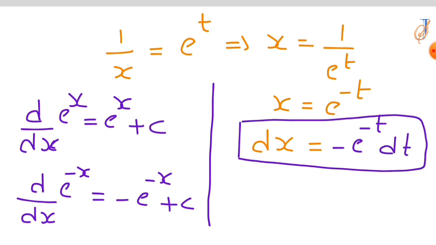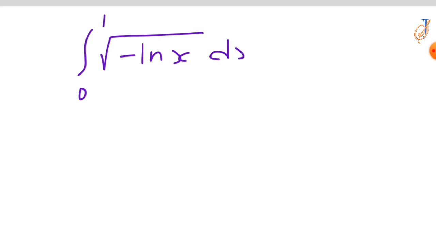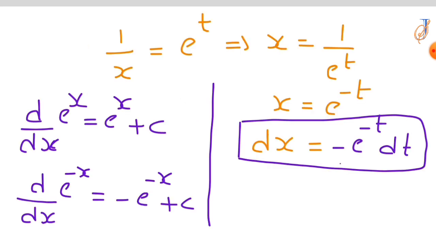Let's substitute back in our equation. We have the integral from 0 to 1 of the square root of minus ln x dx. This is our original integral expression. We assumed minus ln x as t. So let's just write the integral of square root of t times dx, which is nothing but minus e power minus t dt.